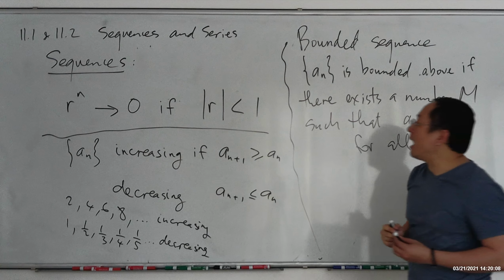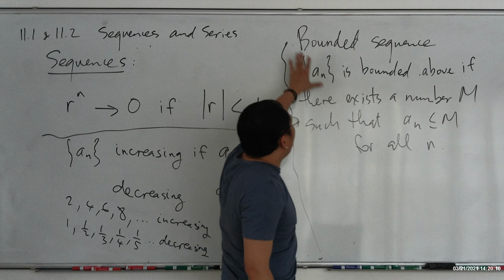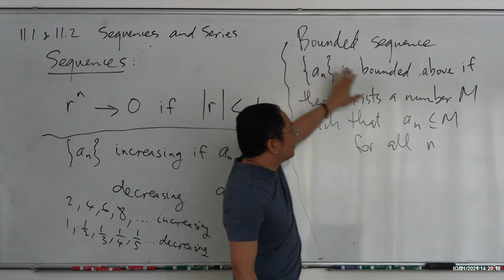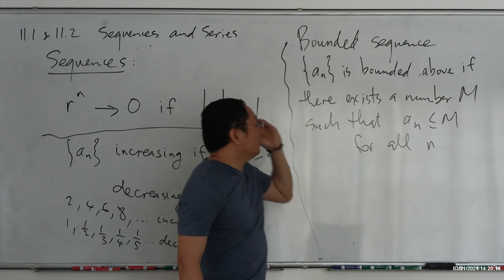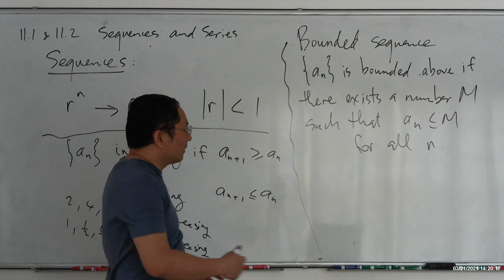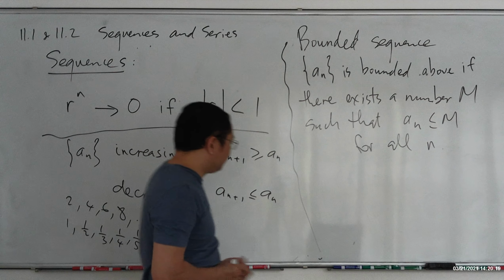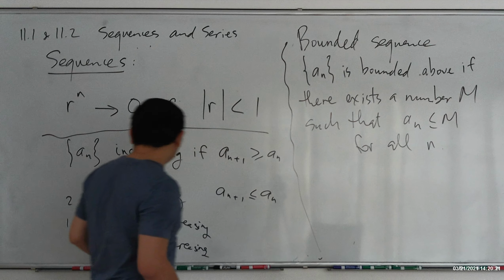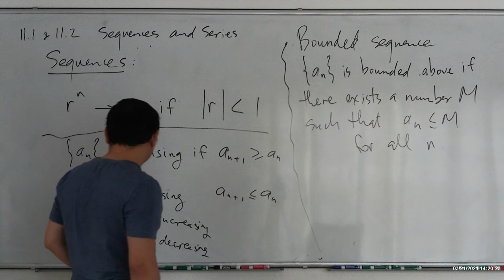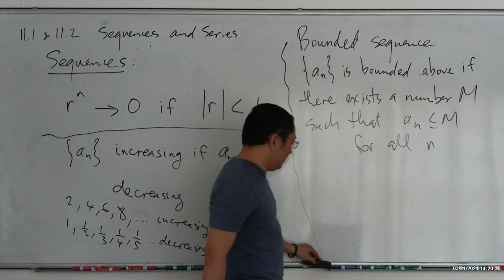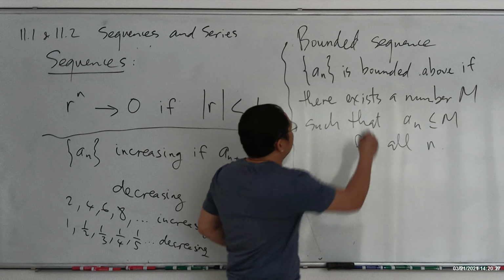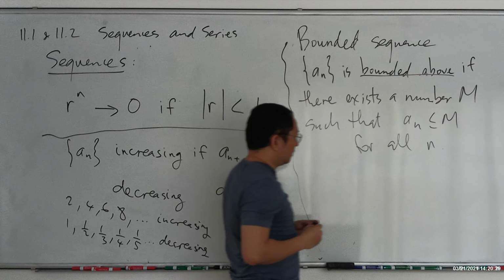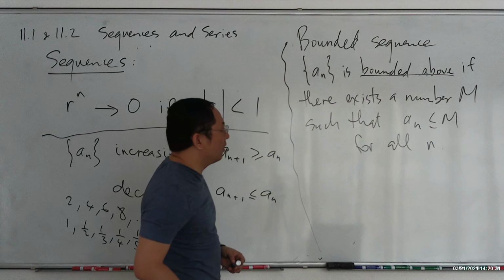What it's saying is this: bounded above means all the terms in the sequence are going to be smaller than a constant. Okay? So some sequence is bounded above. Similarly, bounded below means what? This is bounded above, right? And then you change the word above to the word below.